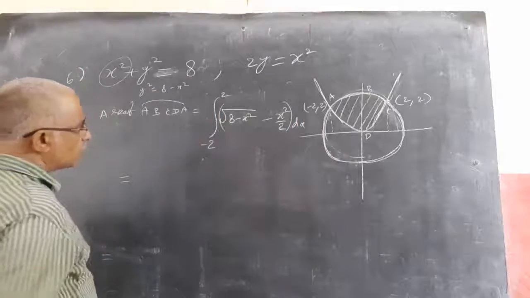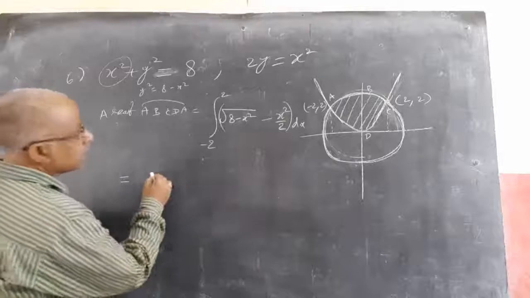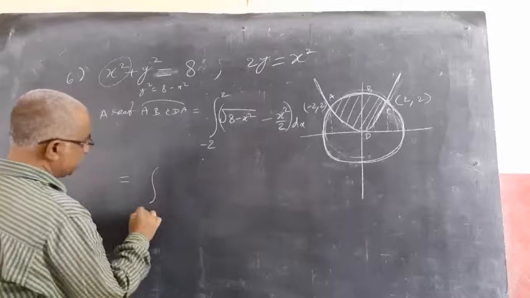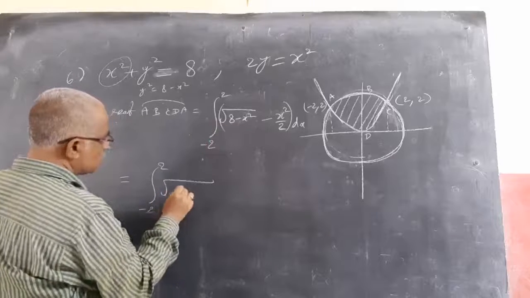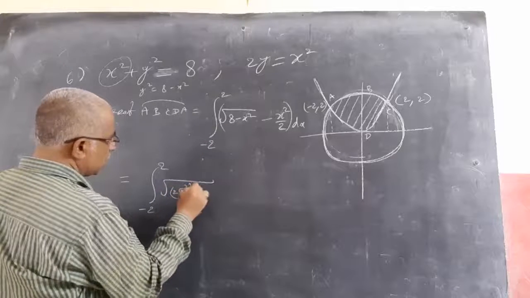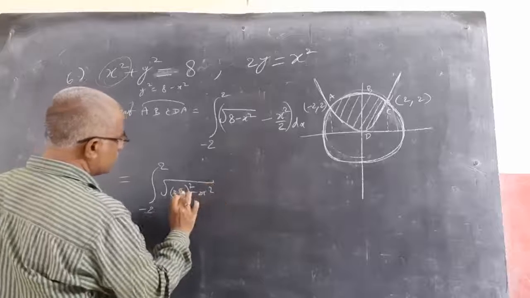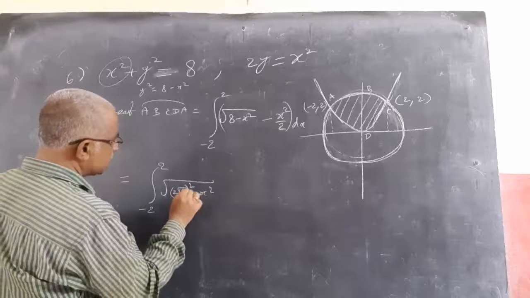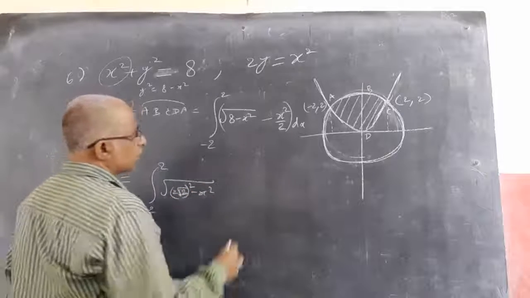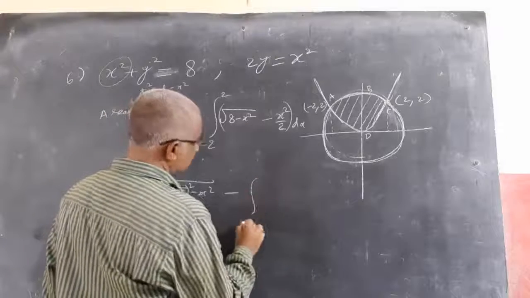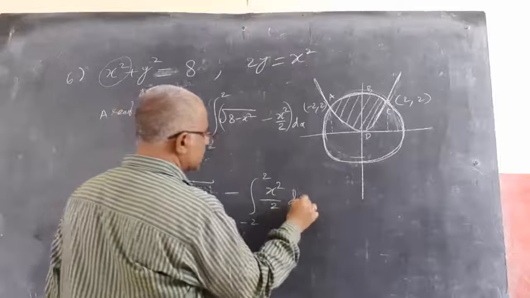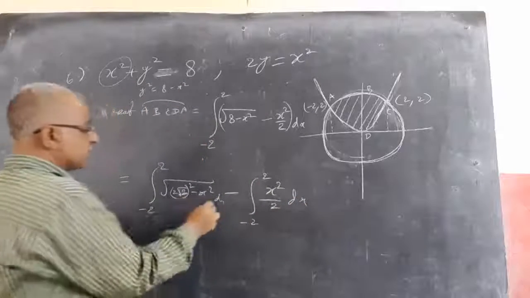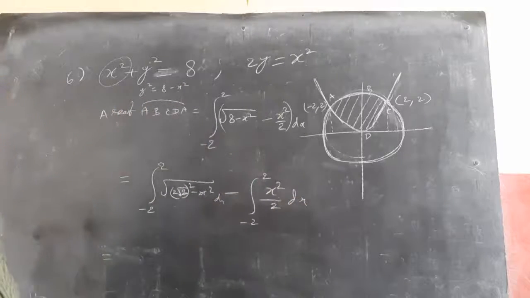So this is equal to, I can separate and then integrate, minus 2 to 2, root of 8 I can write as 2 root 2 whole square minus x square, minus integral from minus 2 to 2 of x square by 2 dx. So this is the a square minus x square formula I can apply.